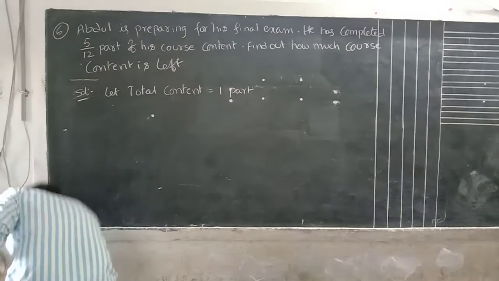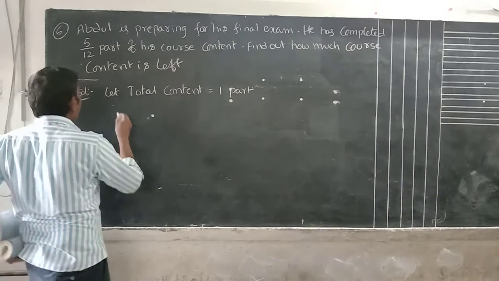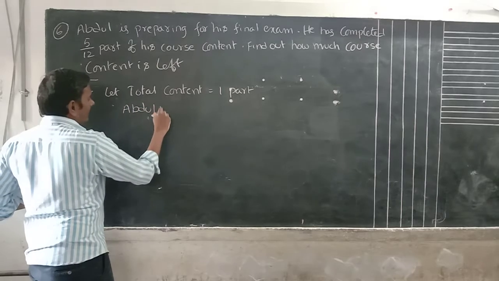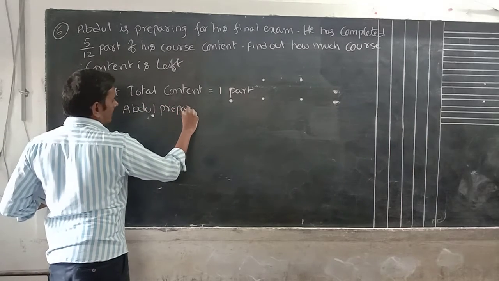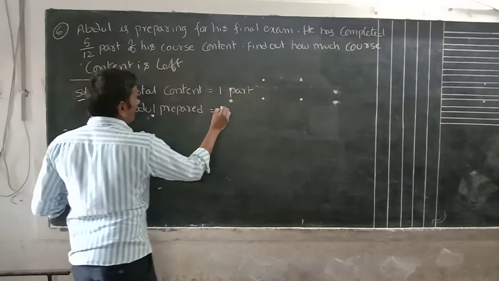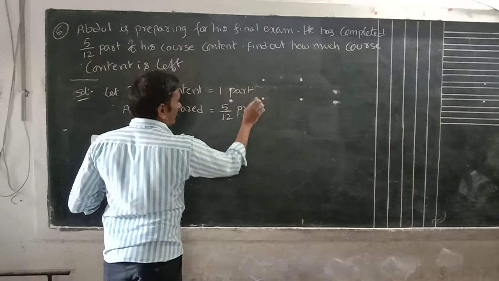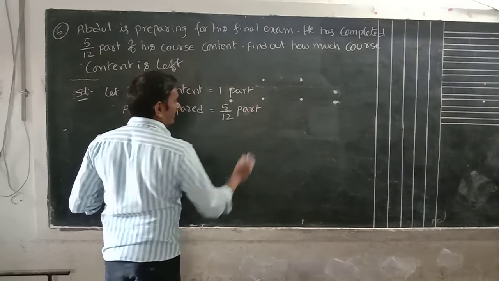Okay, Abdul prepared part equal to 5/12 part. 5/12 part is prepared.